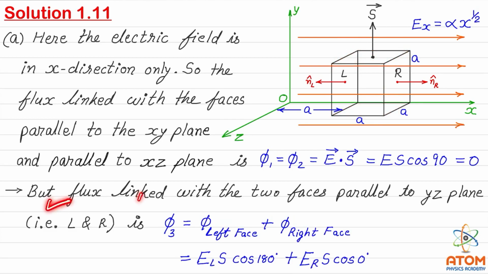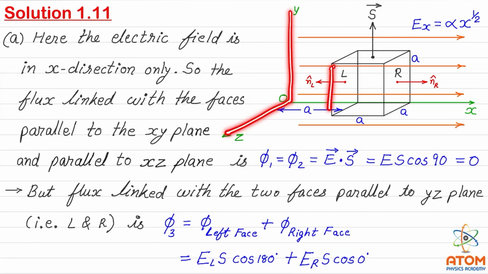But consider the flux linked with the two faces parallel to the YZ plane, that is the left and the right face. Let me show you this. We are talking about the faces parallel to the YZ plane. First of all, this is the YZ plane.